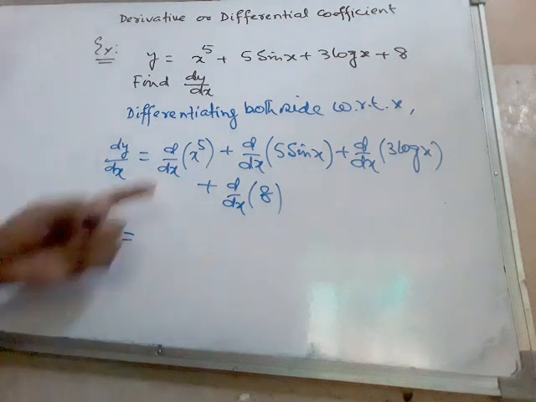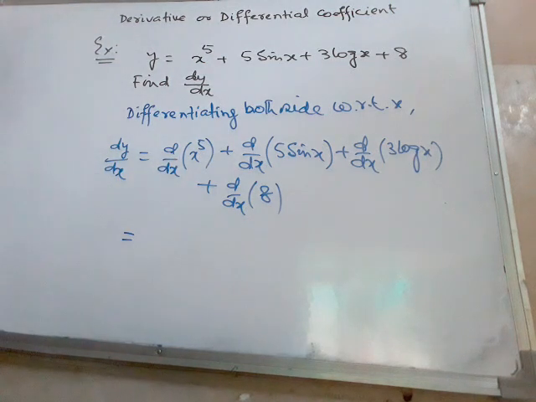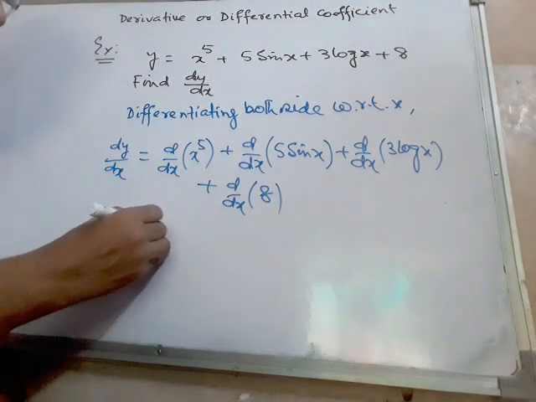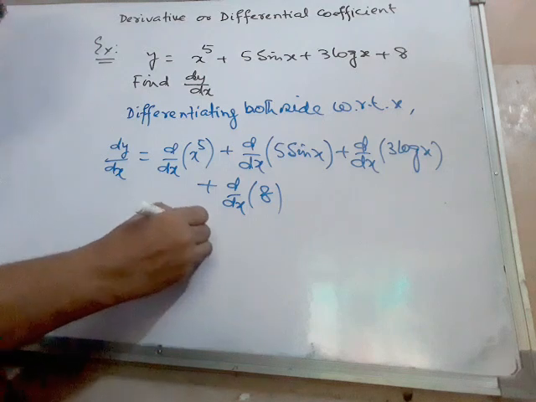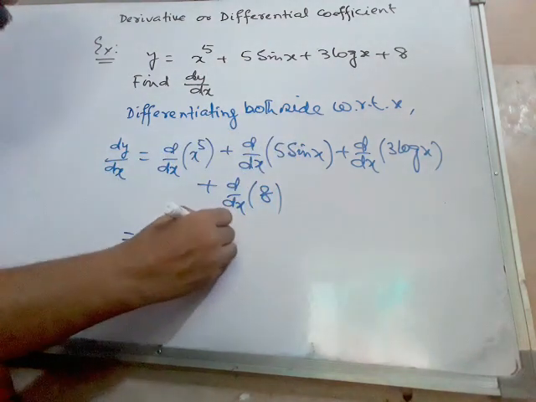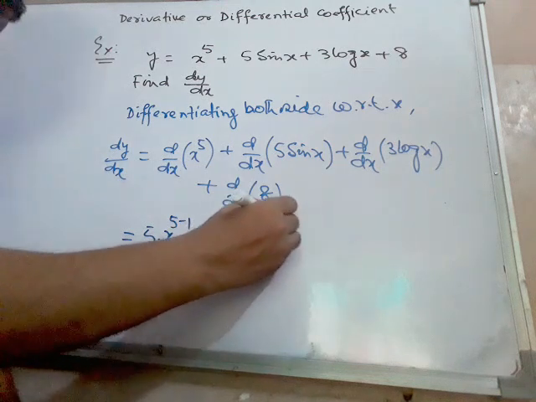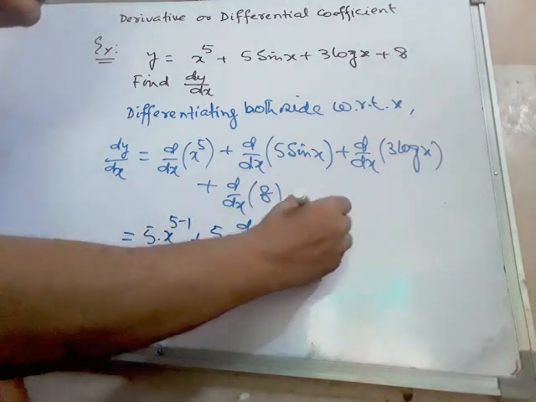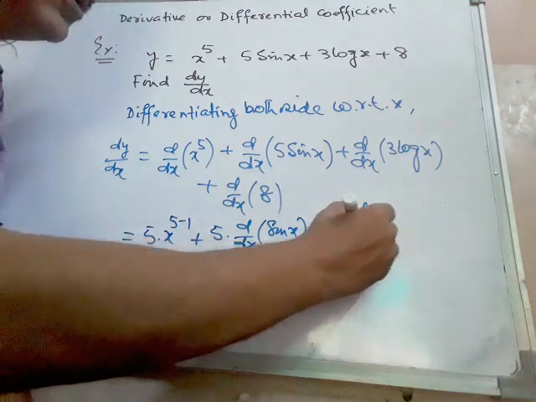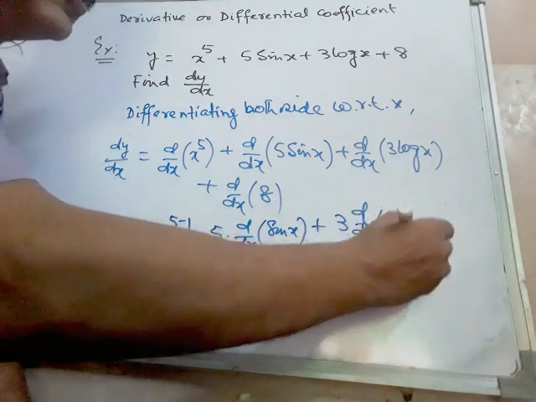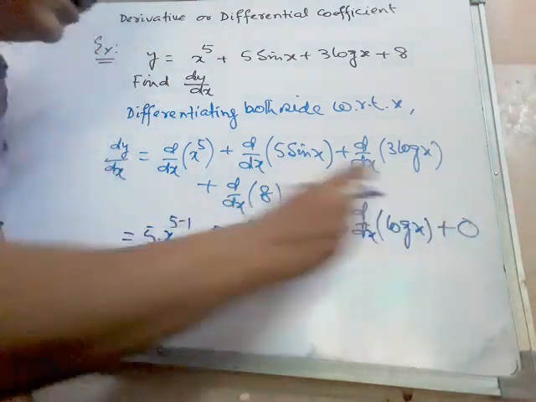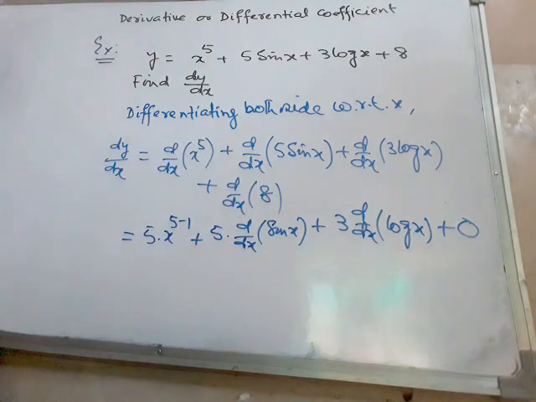So here we are applying formula number 2, x to the power n. The formula for x to the power n is n x to the power n minus 1. So here, according to that, the answer will be 5 into x to the power 5 minus 1. Here the constant will come out, d/dx of sin x, plus the constant will come out, d/dx of log x, plus the derivative of a constant is 0.